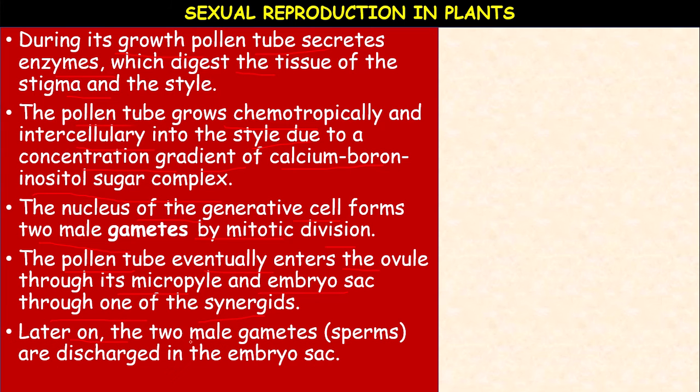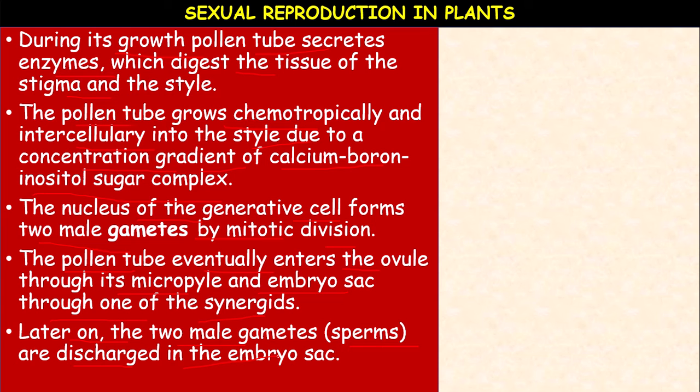Later on, the two male gametes or sperms are discharged into the embryo sac. The tube grows into the embryo sac through one of the synergids which flank the egg. After entering one of the synergids, the pollen tube releases two male gametes into the cytoplasm of the synergid.